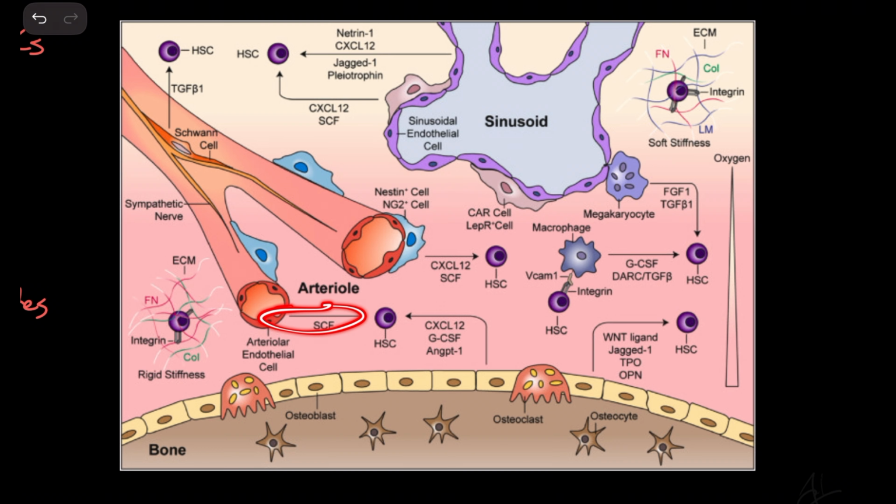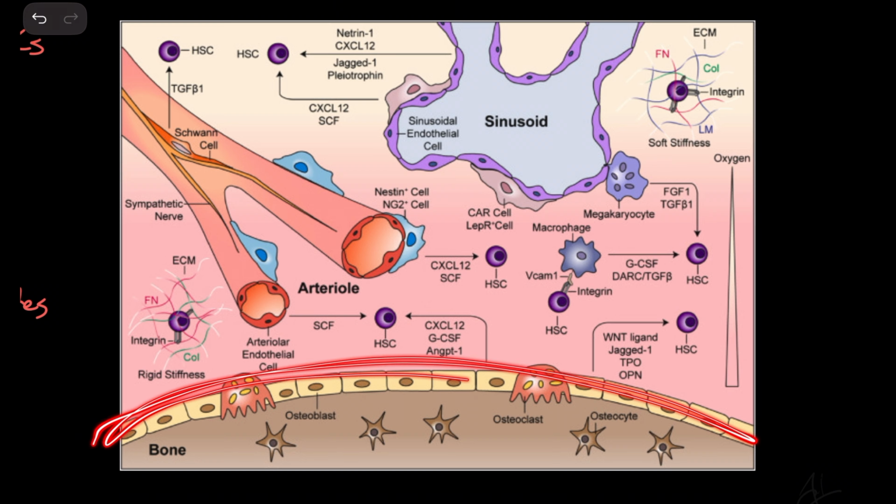And depending on the signals that they receive, they will differentiate into whatever cell that we need, and then they can hop on in to the vascular niche and leave, and go ahead and enter the vascular system. So that's kind of what I'm after here. We have the bone surface, they differentiate, and then they leave.